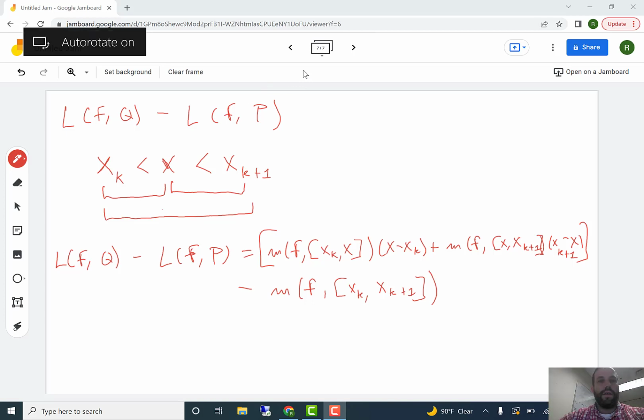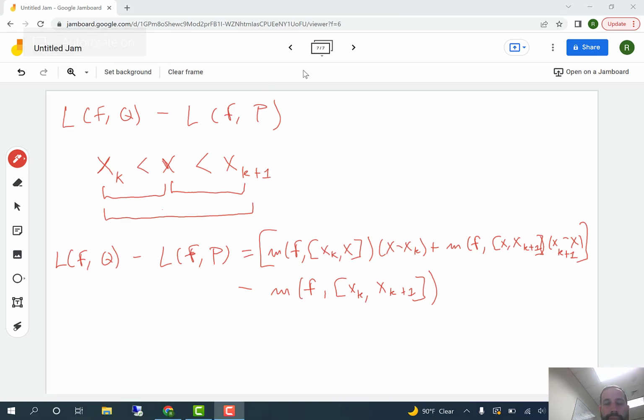Okay, sorry about that. So now what's happening here, I know that the minimum of f over this interval, so I'm going to bring my inequality over here. So I'm going to look at the brackets first. I know that the absolute value of the minimum of f over the interval [x_k, x] is going to be less than or equal to A, because A is the bound for the absolute value of f of x. And then I'm going to multiply this by x minus x_k.